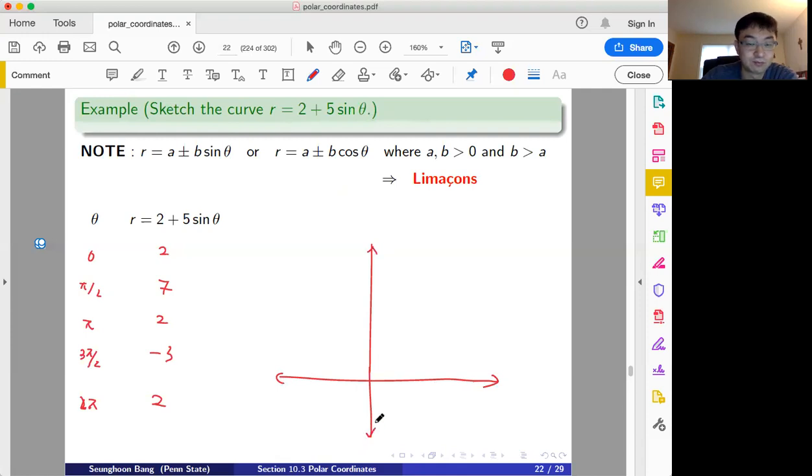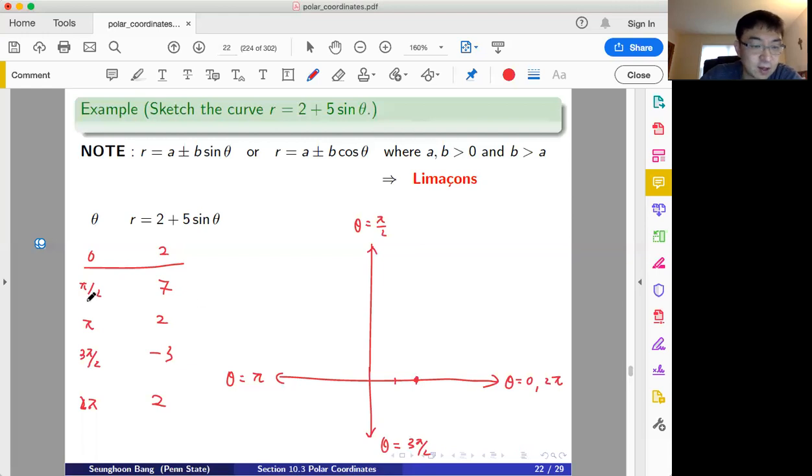You can draw, same. Theta equals 0, theta equals pi over 2, theta equals pi, theta equals 3 pi over 2, theta equals 2 pi. Here, angle 0, length is 2.